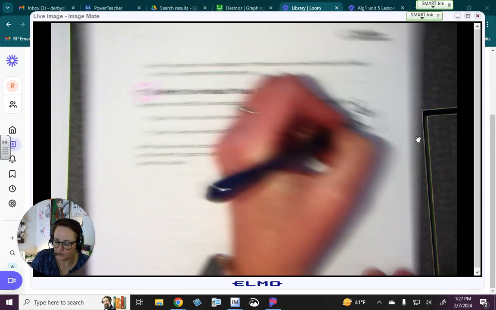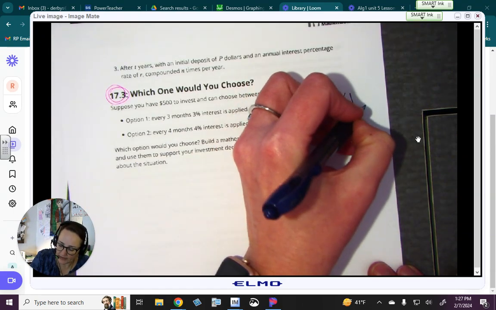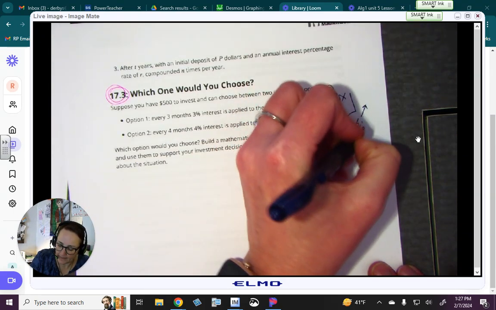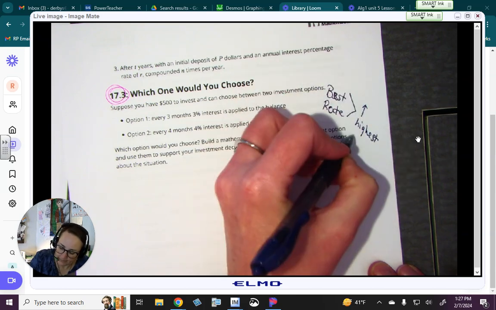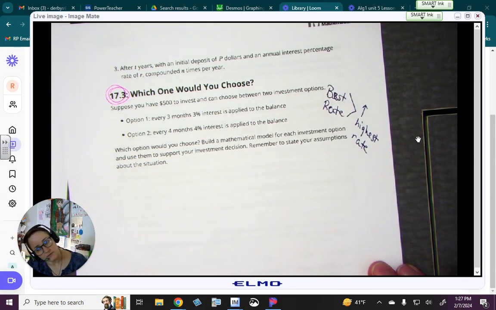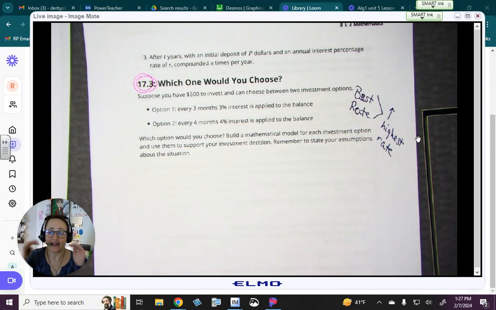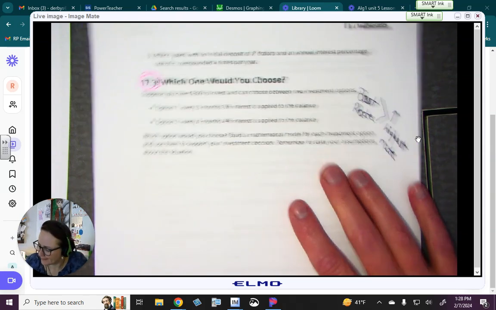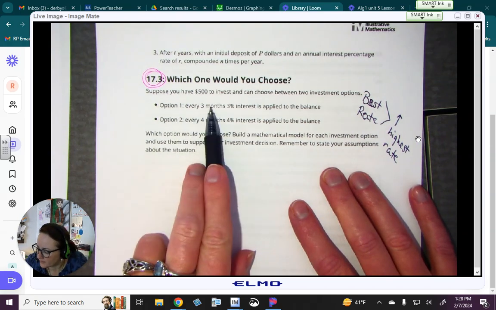If we're earning interest, in this case, it means we want the highest number. Remember, if we're paying out, we want the lowest number, because we want to pay the lowest amount. If we're getting the money in, we want the highest number because we want more money, right? It's the American way.